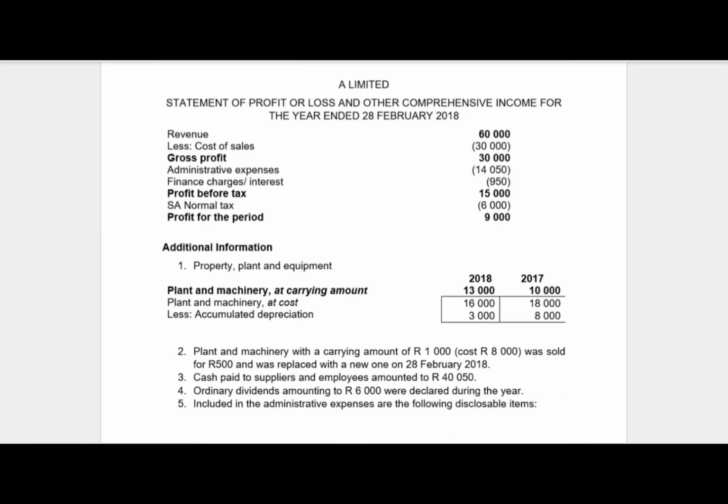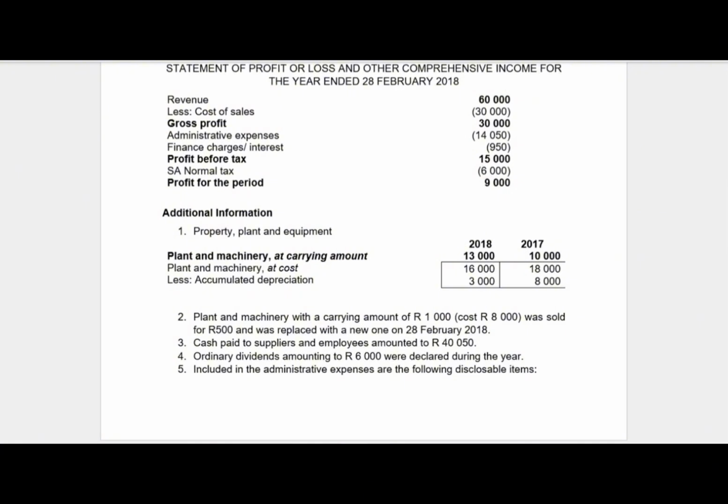I don't want to read everything; you can see this. And then additional information: they provided us with the property, plant, and equipment, a summary of the property, plant, and equipment. We have machinery, the carrying amount, the cost, and the accumulated depreciation, right?